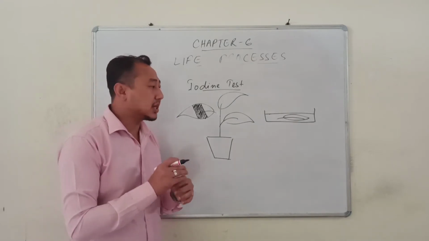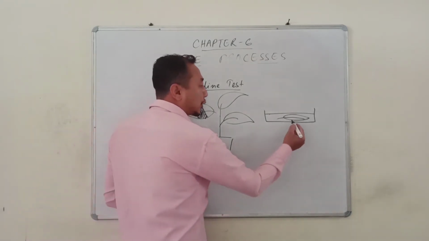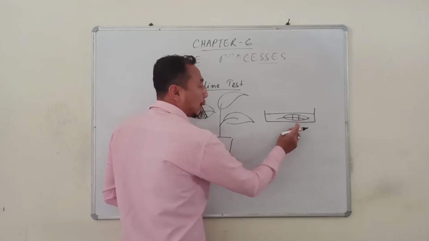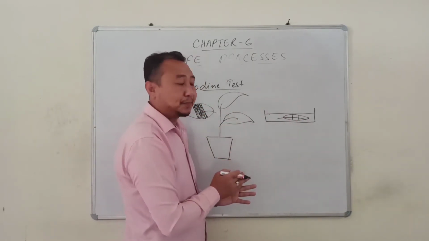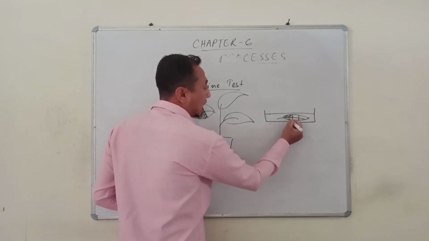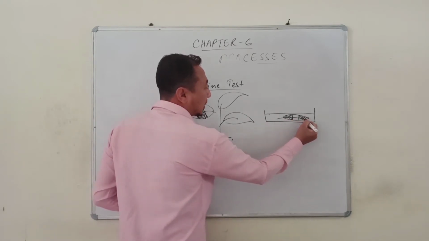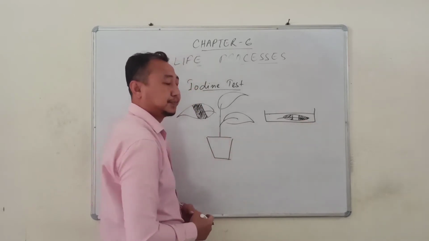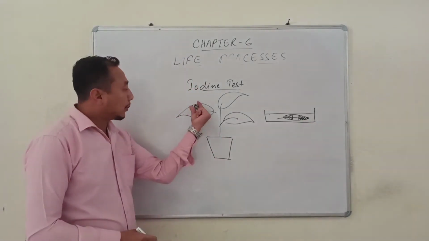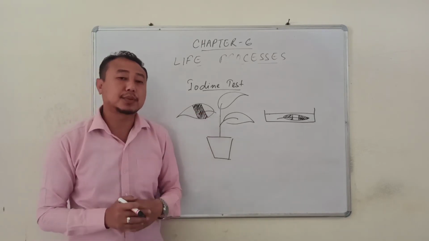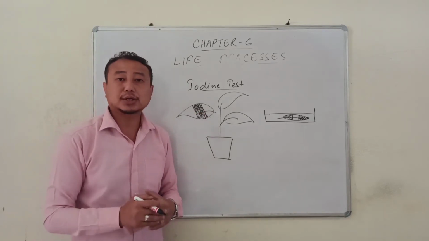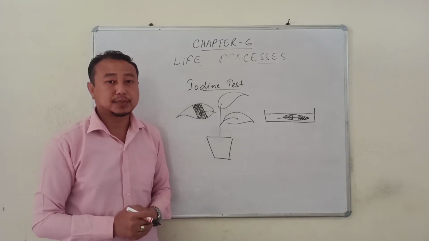When we dip this leaf in the iodine solution, the portion of the leaf that was covered will remain unchanged, meaning the color will still be white, while the other portion of the leaf that was not covered will change into blue-black color. This is because the portion of the leaf which was covered doesn't get sunlight, so it doesn't perform photosynthesis and there is no starch in it.